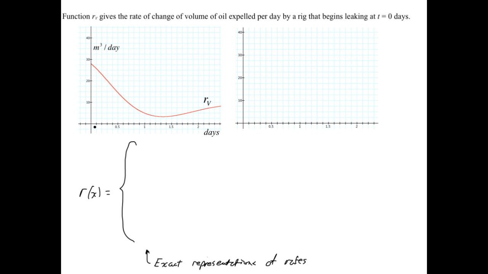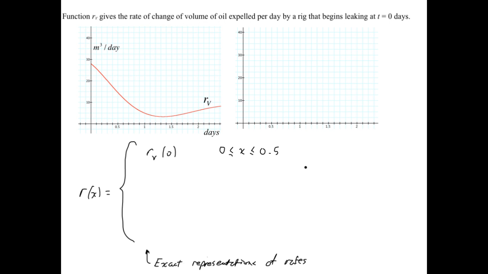The real rate. What is that rate right there? No, not an estimate. I want an exact representation of that rate. So R_v of 0. And then I want that for what interval? From 0 less than or equal to x less than or equal to 0.5.